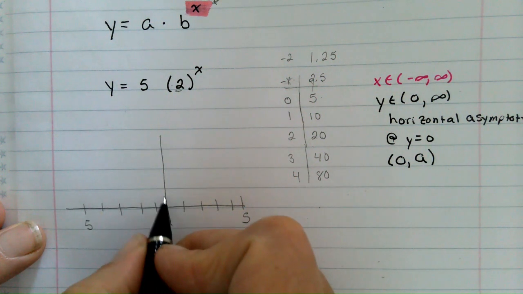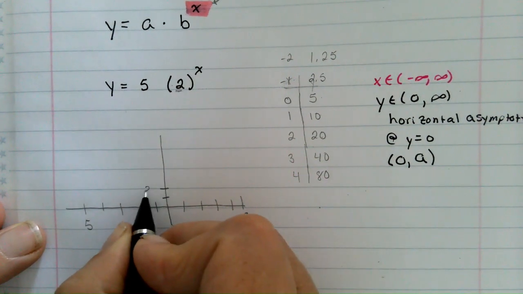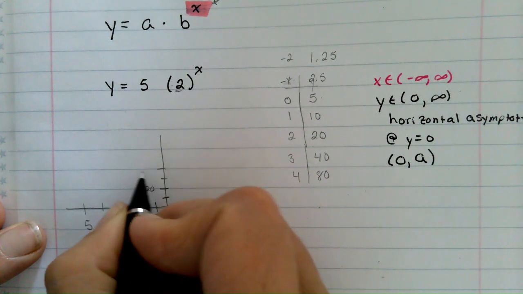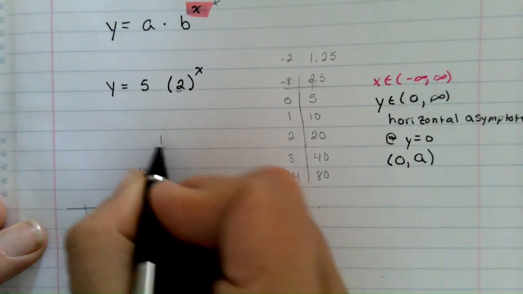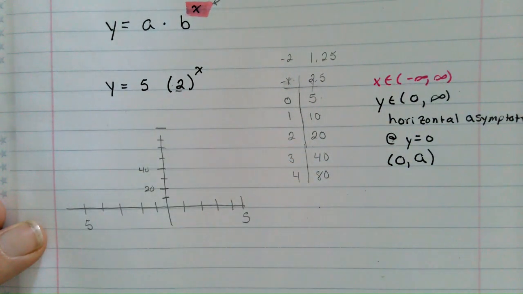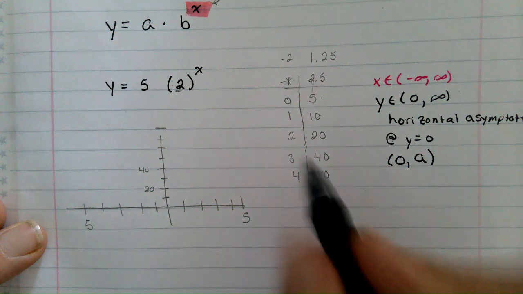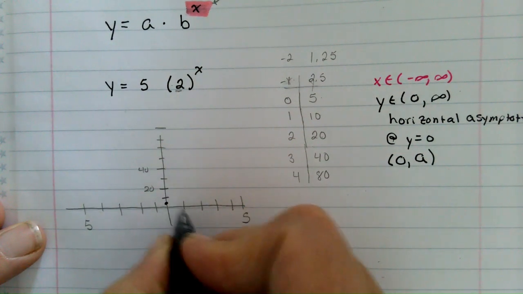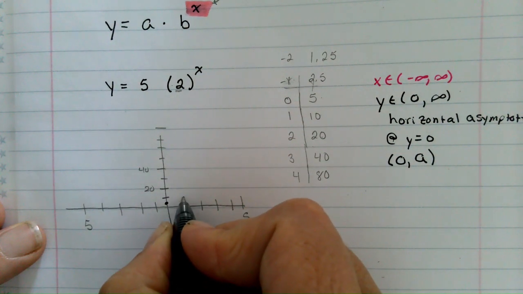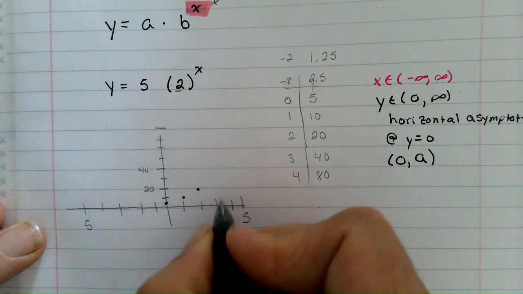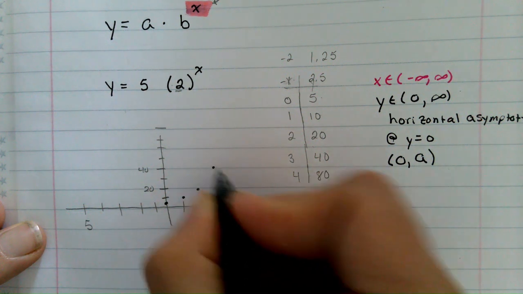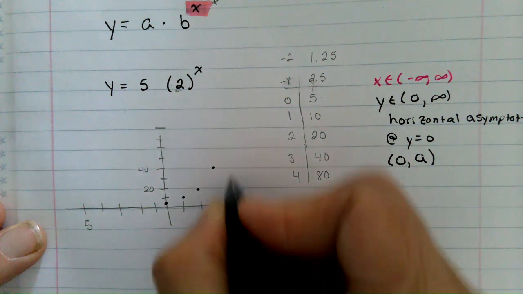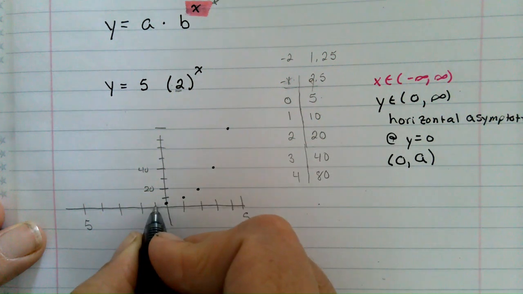But here we might want to go 10, 20, 30, 40, 50, 60, 70, 80, right? Because while 0 was at 5, 1 was at 10, 2 was at 20, 3 was at 40, and 4 was at 80.